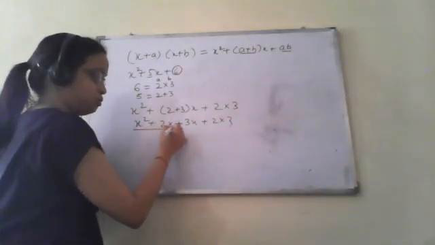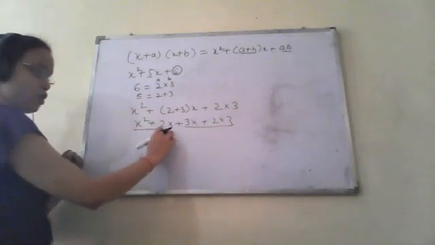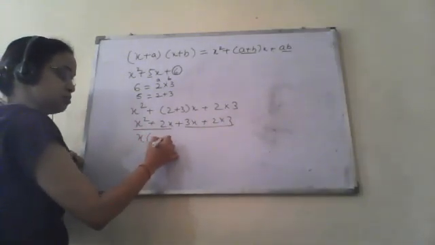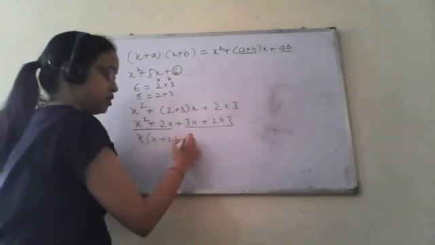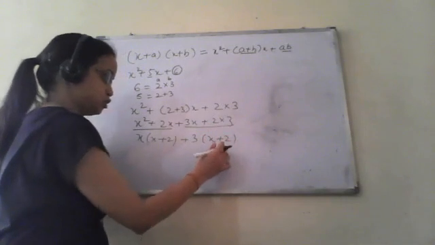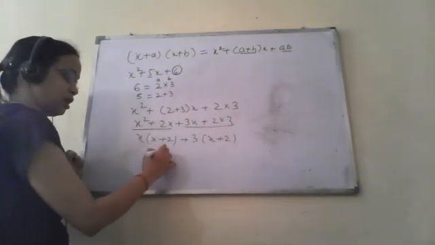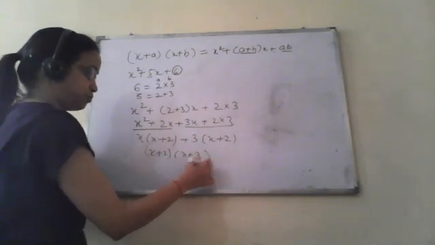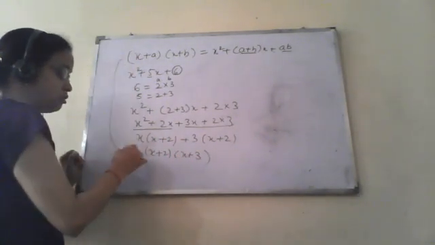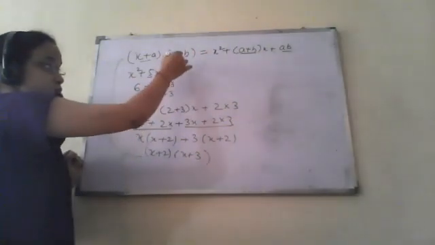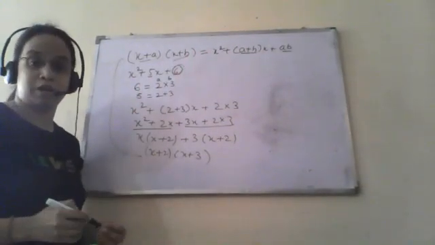Now we regroup these terms. What is common from the first two terms? x is common, and what is left is x plus 2. From the other two terms, 3 is common, and what is left is x plus 2. So x plus 2 is taken as a common expression, and the other factor is x plus 3. So it comes out in the form of x plus a and x plus b. So we have to factorize the numerical term.